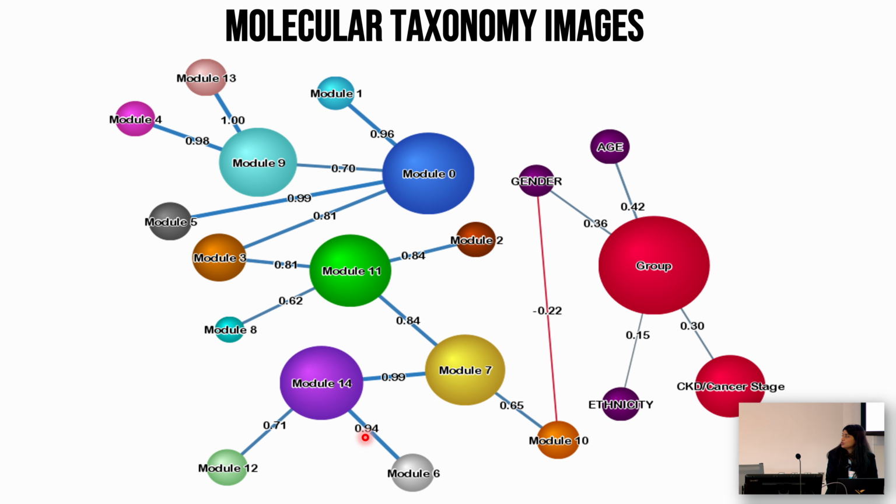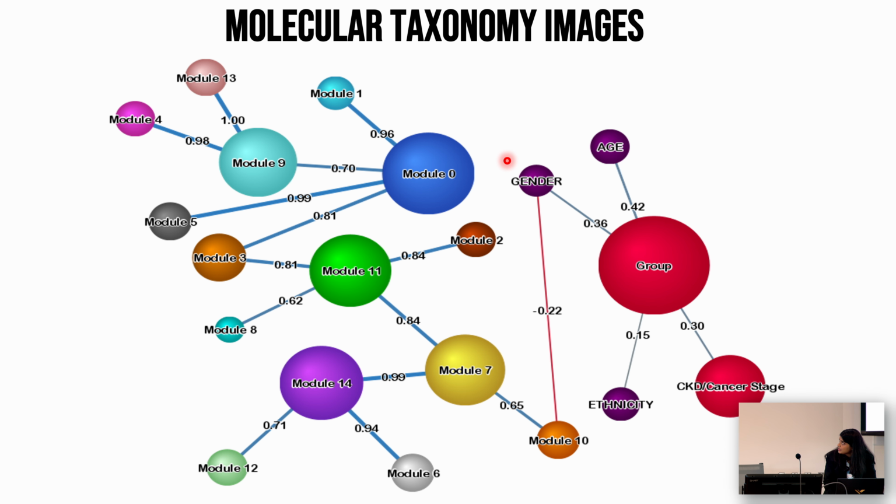So we wanted to check further the proteins in module 14, how the pathways are enriched in this particular module. That's the reason why we performed this. The correlation here is quite low for gender and group, and for module 10 and gender as well, but we can see a positive and a negative correlation.